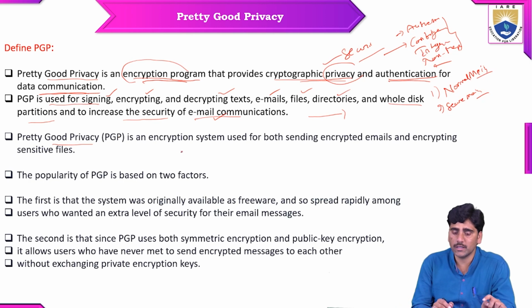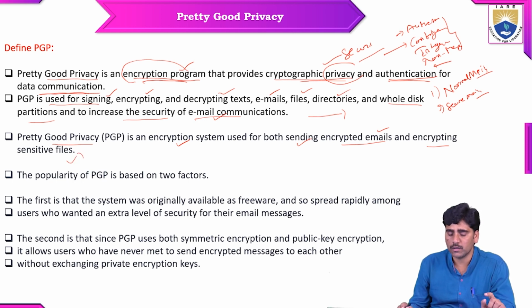You can call it an encryption system, an encryption program, an encryption service, or an encryption mechanism used for both sending encrypted mails and encrypting sensitive files. So when writing secure mails, you can encrypt both mails as well as files.